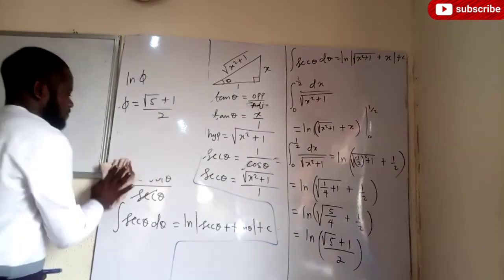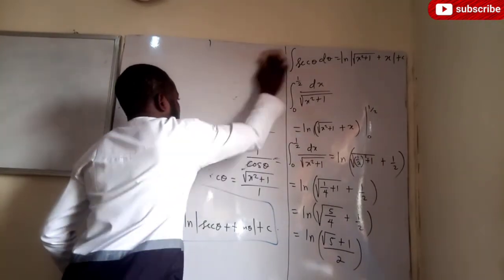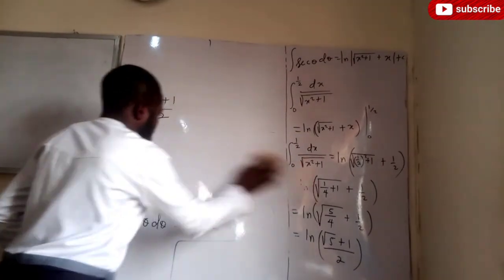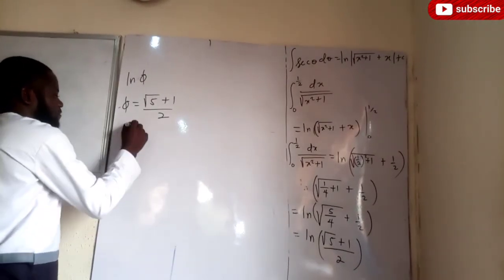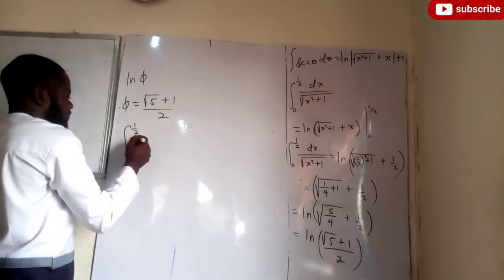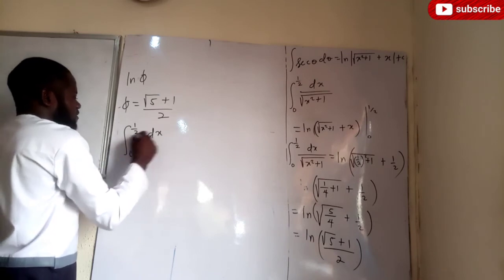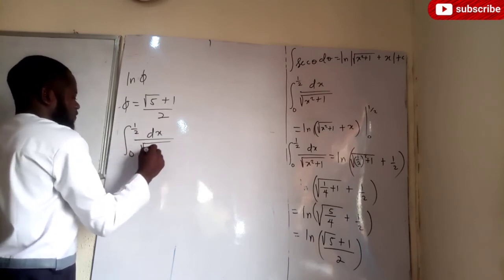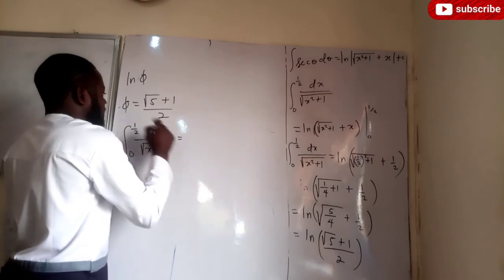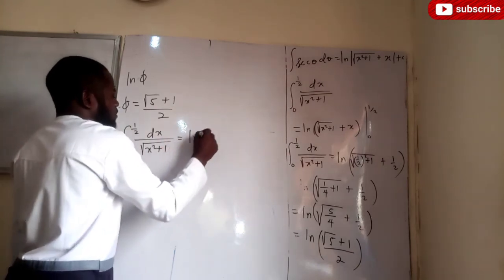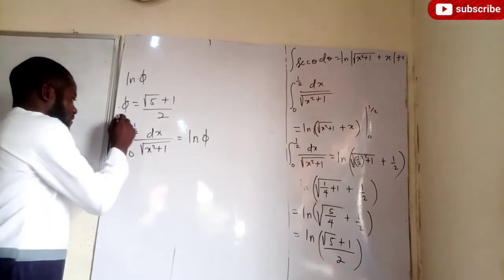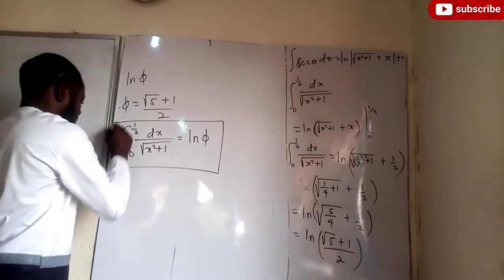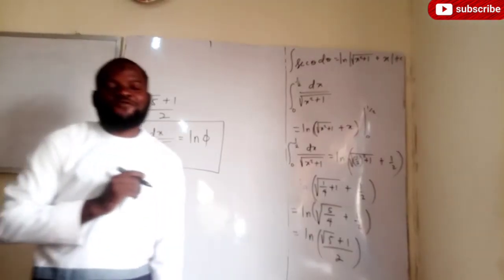Thus, the solution to the given question becomes: the integral from 0 to 1 over 2 of x all over the square root of x squared plus 1 is absolutely equal to the ln of phi. This is what we were asked to prove.